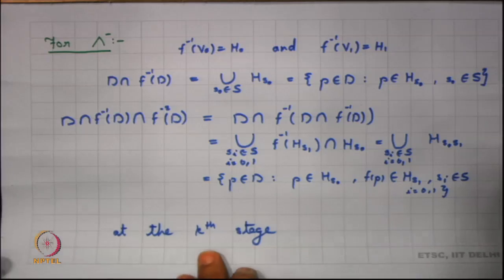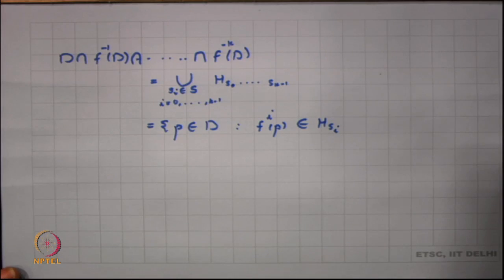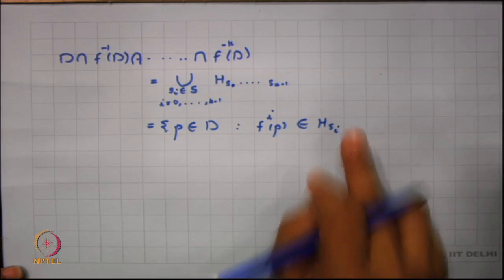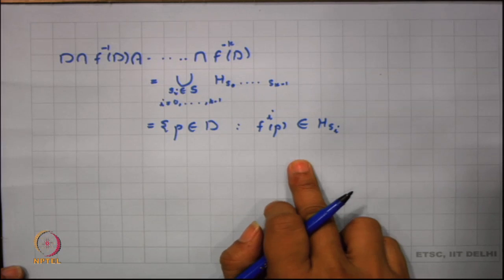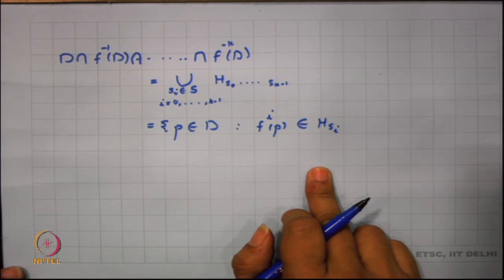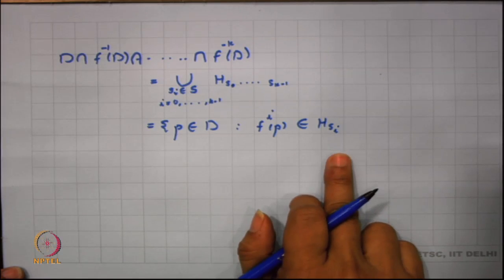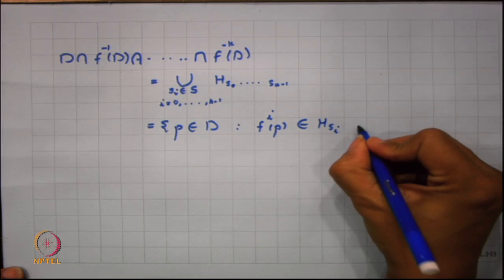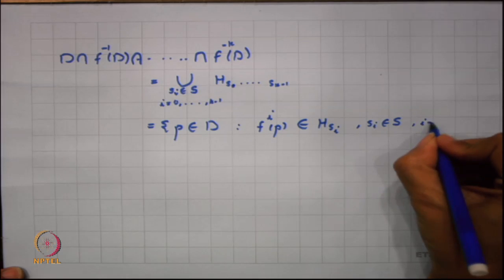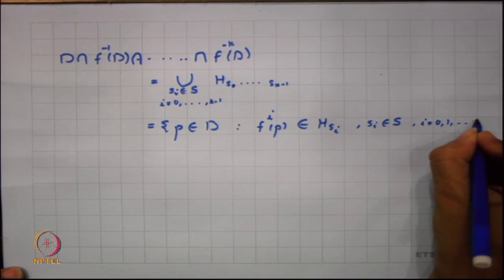And similarly, what happens at the kth stage here is, we get H of S0 S1 up to S_{k-1} such that P belongs to H of S0, F P belongs to H of S1, and F^i P belongs to H of S_i, for all S_i belonging to S and i varies from 0, 1 up to k minus 1.